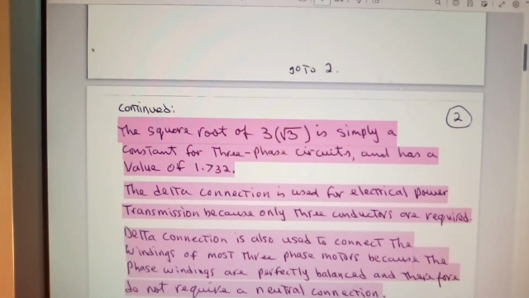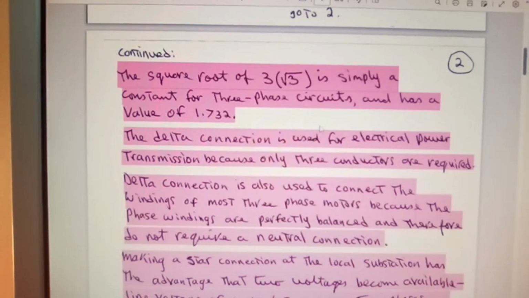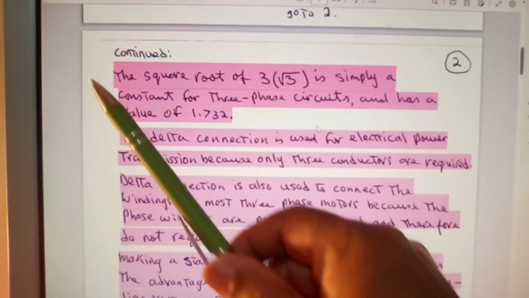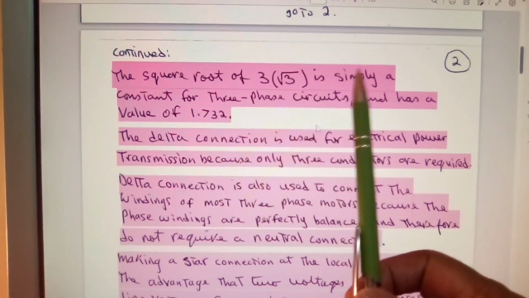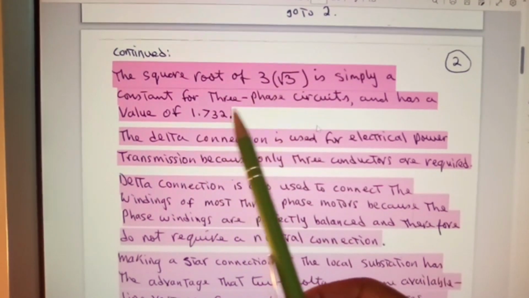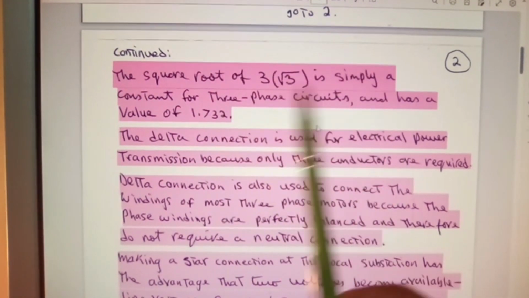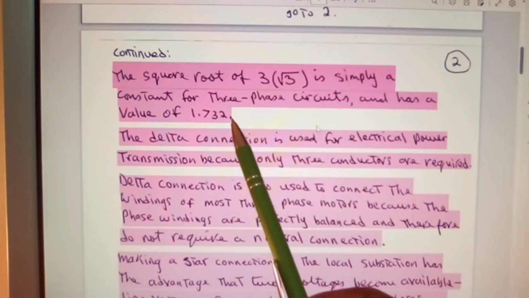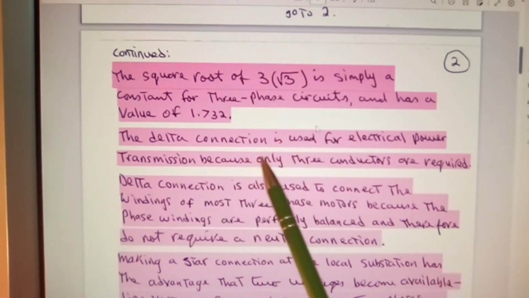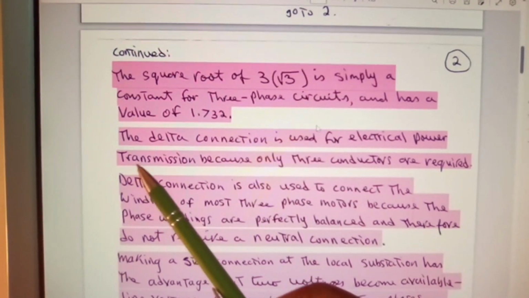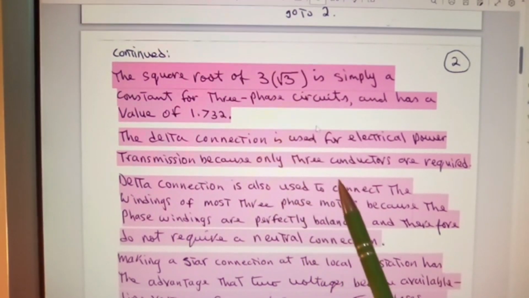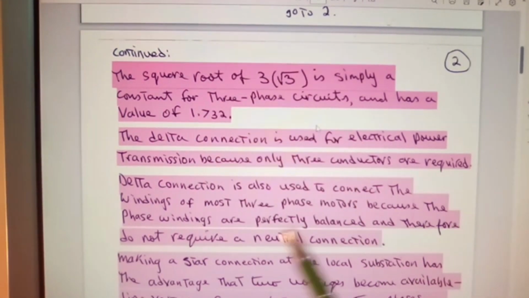Now, the square root of 3 is simply a constant for three-phase circuits and has a value of 1.732. The delta connection is used for electrical power transmission because only 3 conductors are required.